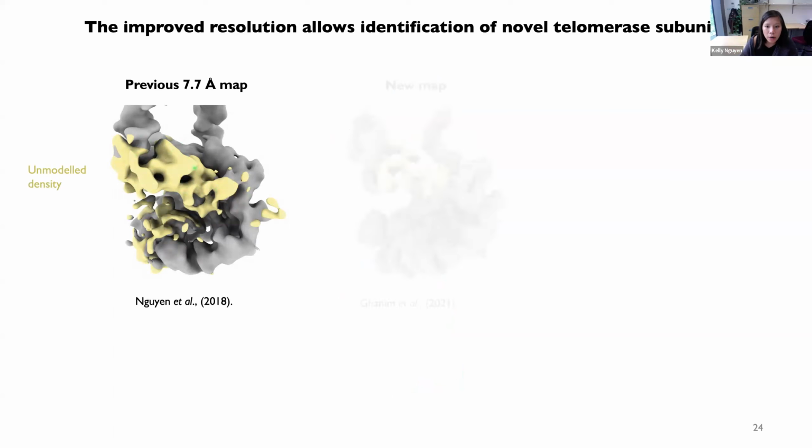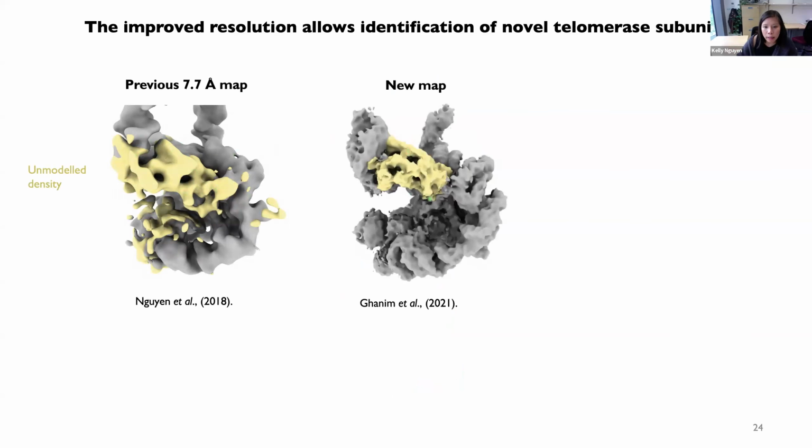But using this high resolution map, we can ask a very general, unbiased question: given this density, what in the PDB will fit this density? We tried the literature and couldn't find anything previously known to interact with telomerase. We couldn't fit anything else in here.